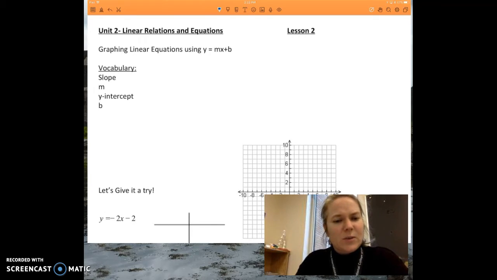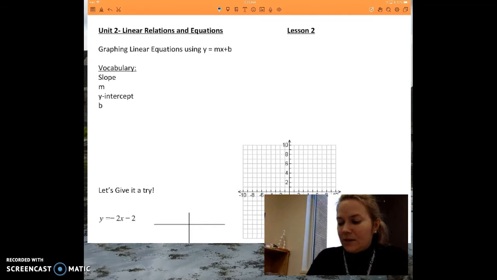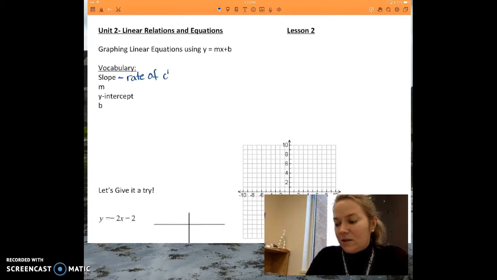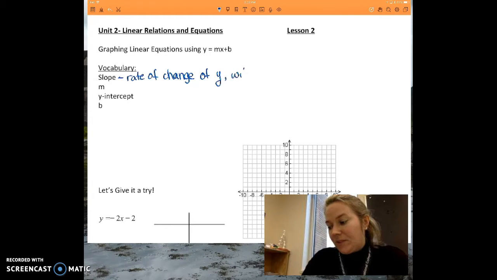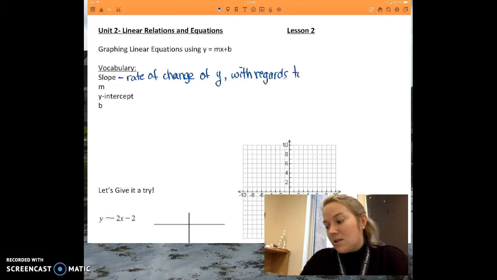So let's deal with a little bit of our vocabulary. So slope is the rate of change, and it's specifically the rate of change of y with regards to x.